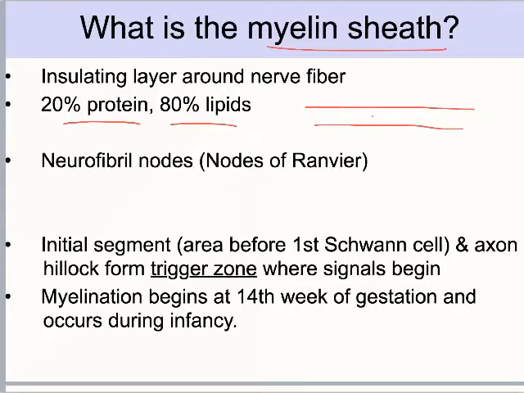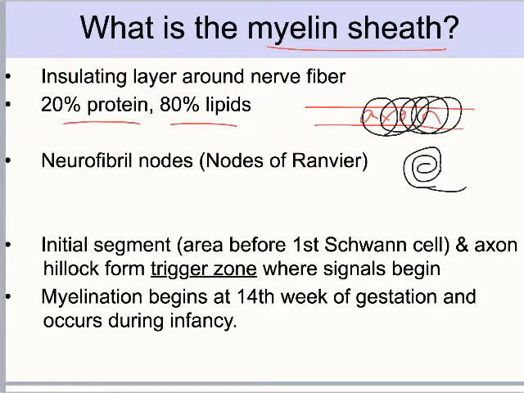Now if I pretend this is an axon, what happens is the myelin is wrapped around here. You can almost think of it like if you took a pencil and rolled up the tube of toothpaste around it. I can't draw it. Kind of like this. That's how the myelin is wrapped around the neuron.